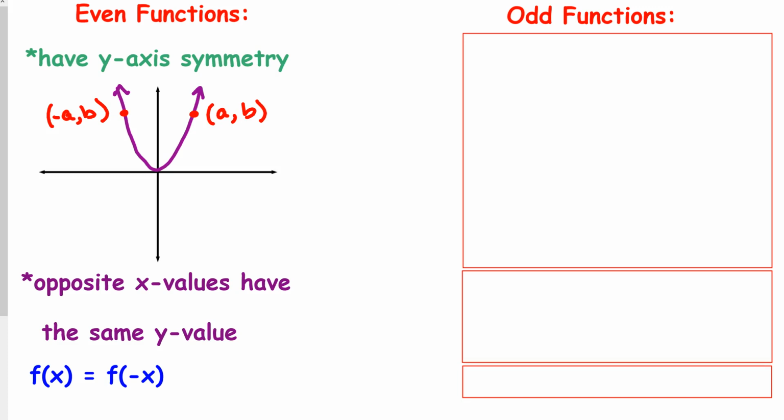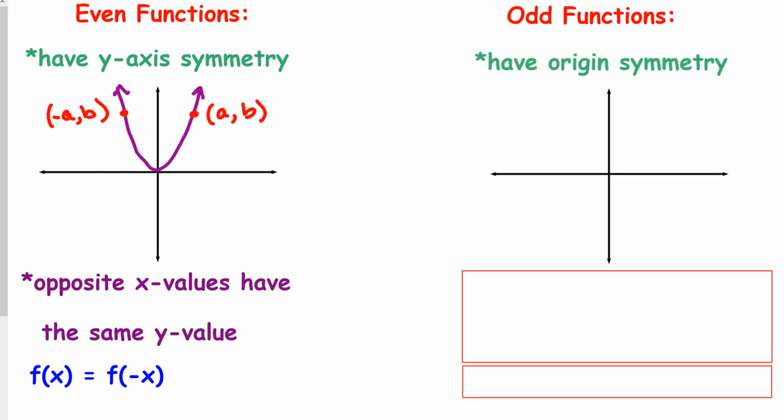Okay, now let's define odd functions. Odd functions have origin symmetry. So an example of that could be like our cube root function. So if you were to turn it 180 degrees, it would look like it originally looked.